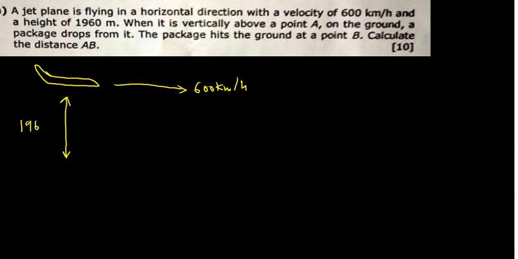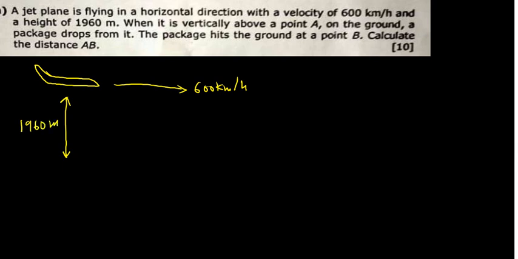A jet plane is flying in a horizontal direction. So here we have a plane, which is moving in the horizontal direction at 600 kilometers per hour, and its height from the ground is 1960 meters.